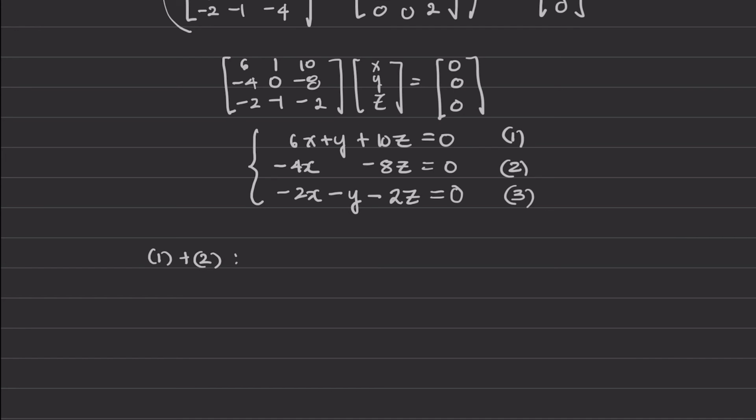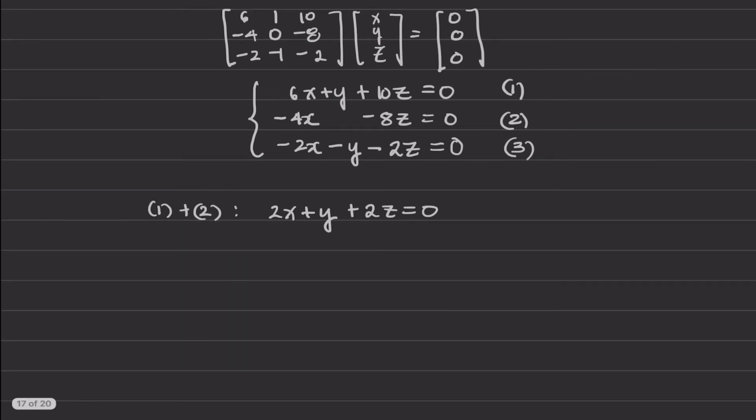Meron na tayo ditong 2x plus y, ano ito? Plus 2z equal to 0. Basically, ito lang yun, no? Pareha lang din siya. Okay, so, sige, let's see.